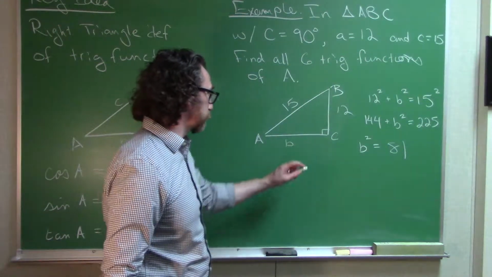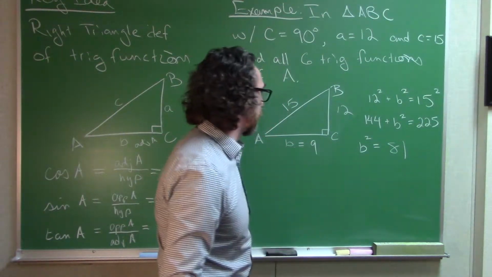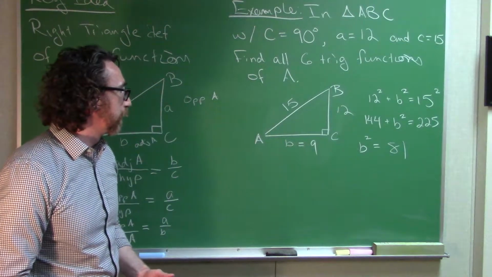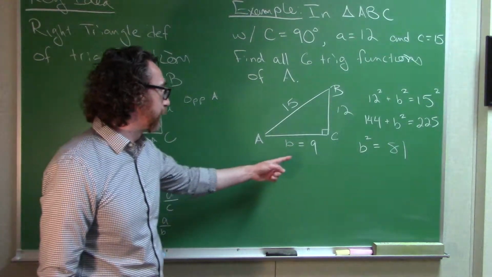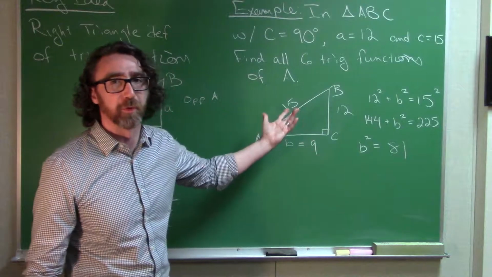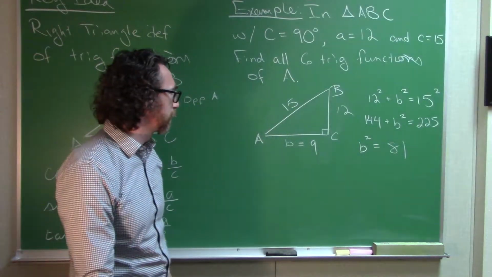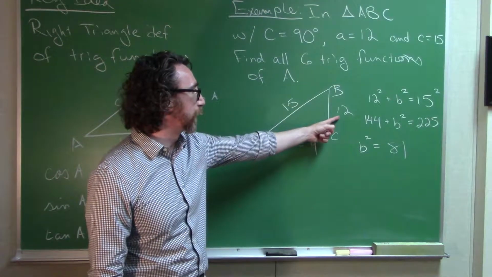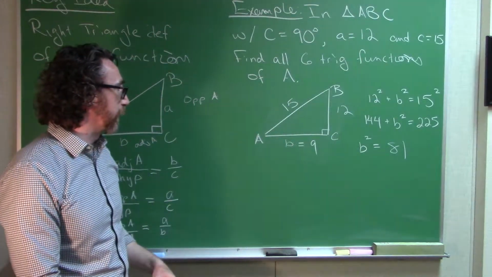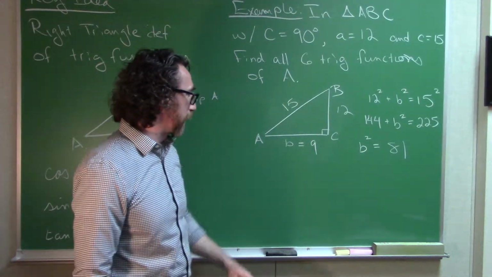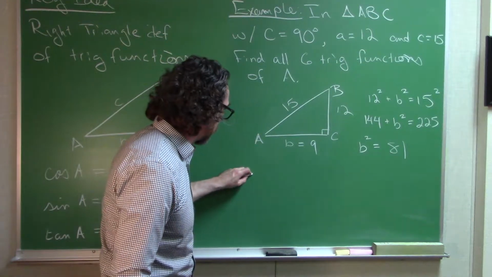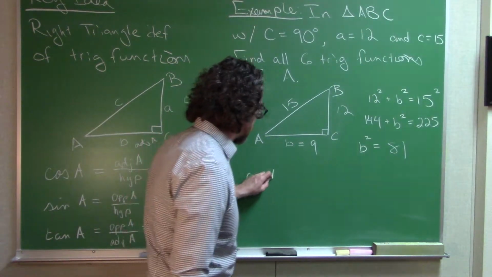So B equals 9. Oh, okay. It's a 3, 4, 5, right? It's a multiple of. Yeah, it is. 3 times 3, 3 times 4, 3 times 5. Okay, great. So B is 9. Now that we've done that, we can get our trig functions.